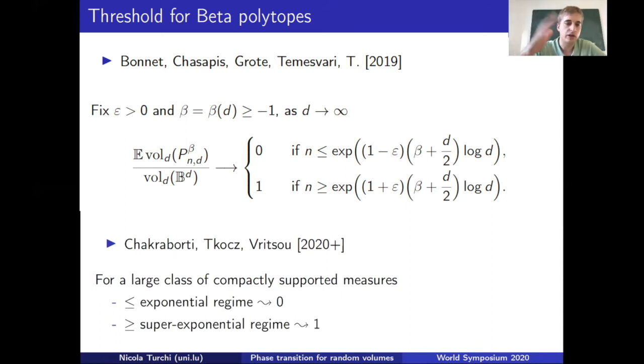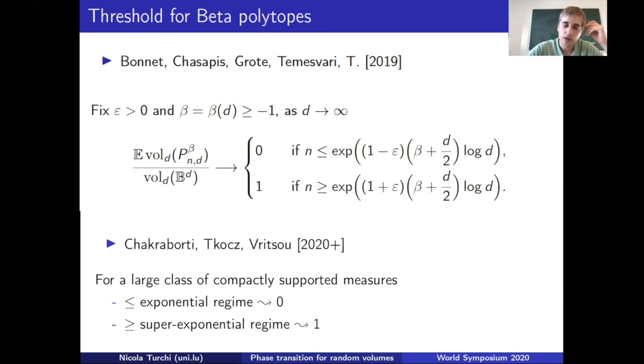So these measures are isotropic measures, or as they call them, kappa-concave measures in the case of the super exponential regime. So for a large class of measures, you can give a general recipe. But you can see there is still a gap here.